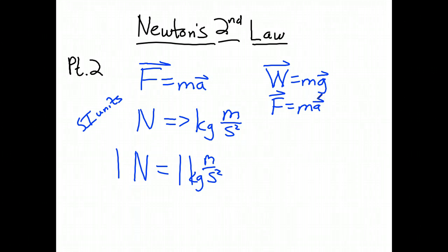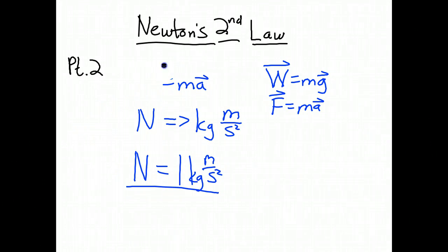Weight is a force, mass is mass, and we have the acceleration due to gravity, which is an acceleration. So the units for weight, mass, and gravity line up exactly with our newtons equaling kilogram meter per second squared. So there's the SI units.